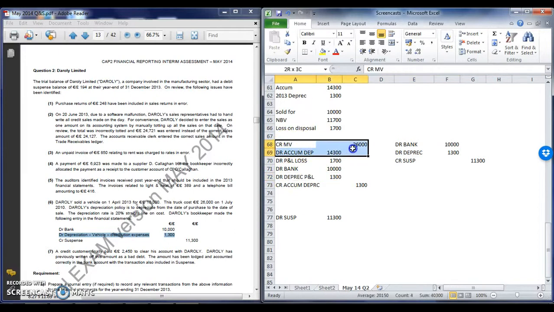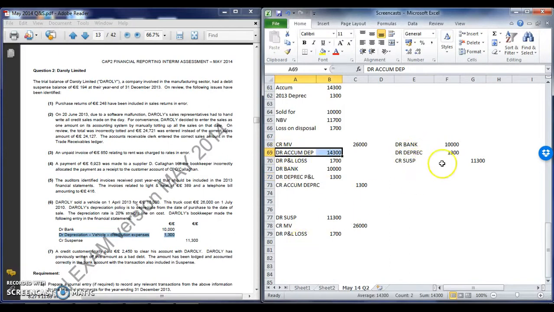So other things that need to be done is the motor vehicle. So credit motor vehicle 26,000. Other items that need to be done, well the P&L loss wasn't accounted for, so we need to debit P&L loss of 1,700. Depreciation for the year was accounted for.